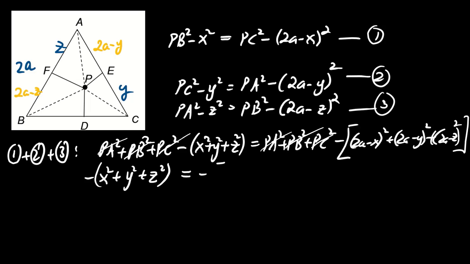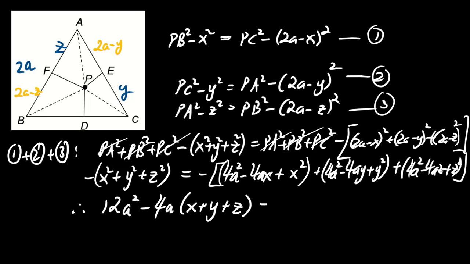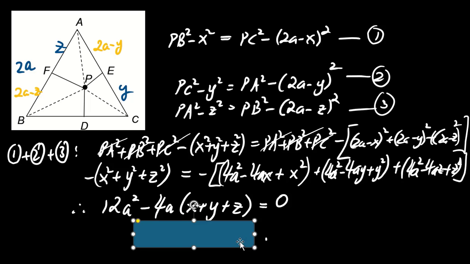We are left with x squared plus y squared plus z squared equals (2a minus x) squared plus (2a minus y) squared plus (2a minus z) squared. Expanding and simplifying, we eventually find x plus y plus z equals 3a. That gives us the denominator.